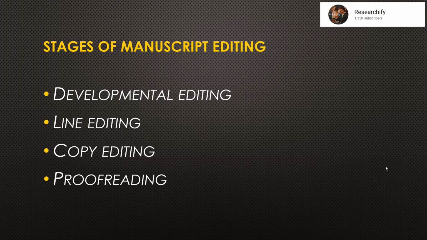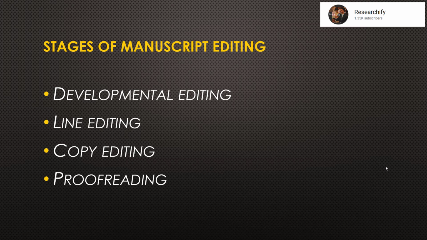So broadly, development editing is to define the plot, characters, structure, and settings of the manuscript. The second stage is line editing. This means editing every line and sentence of your manuscript and attempting to rectify errors in syntax, use of words, and the meaning of the sentence.